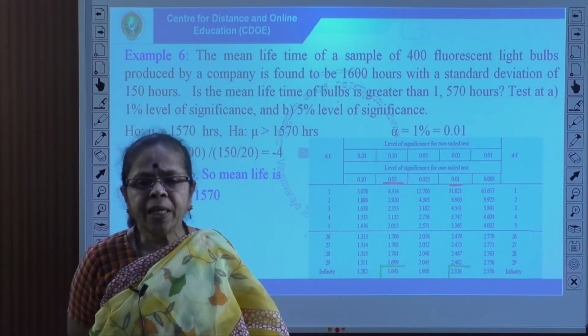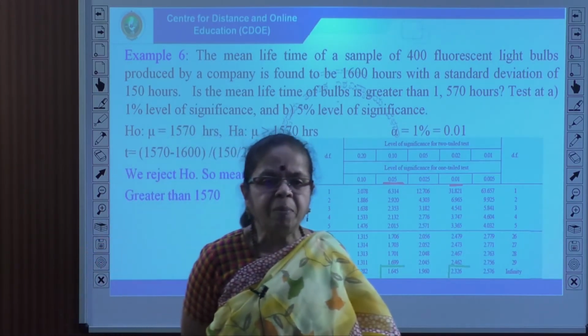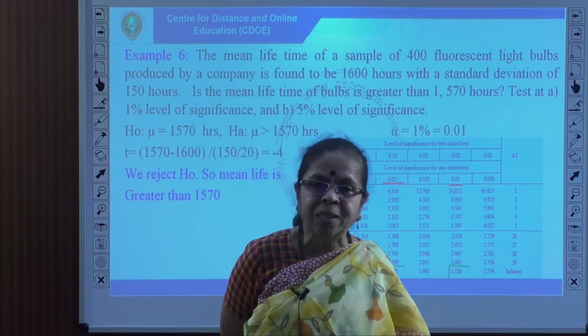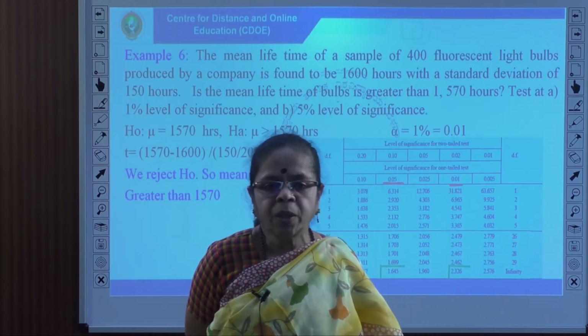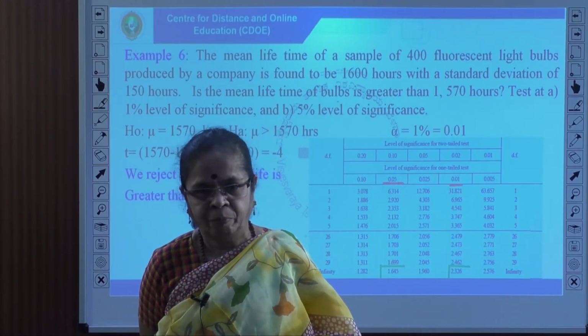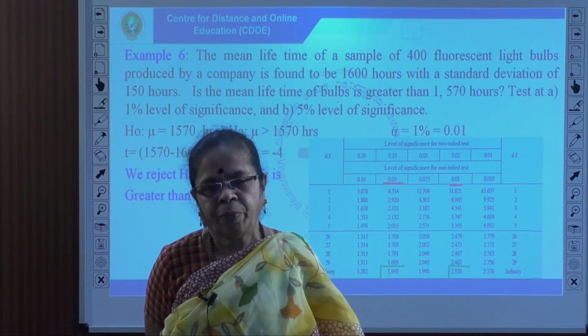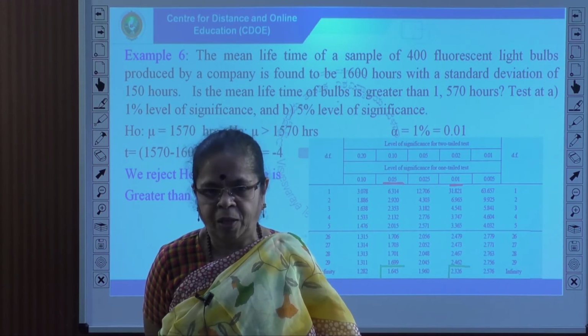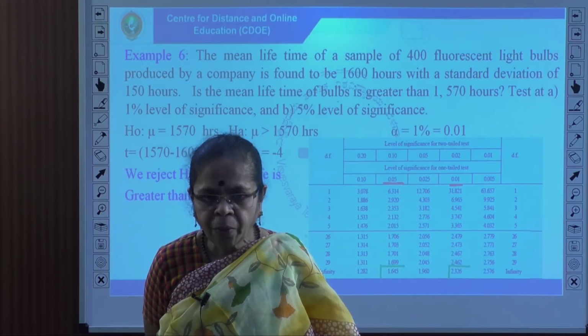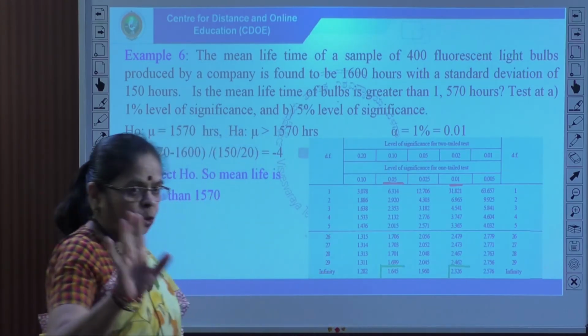So, the question is, can I conclude that the mean time is actually greater than 1570 with 1% or 5% significance? That is the meaning. Okay, fine. We understood the meaning.